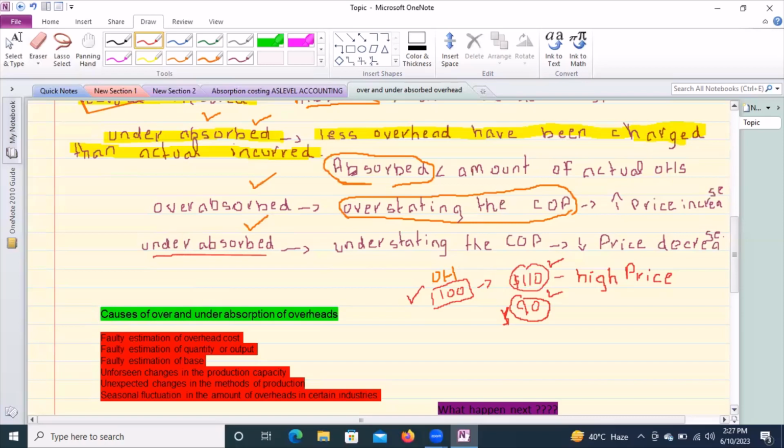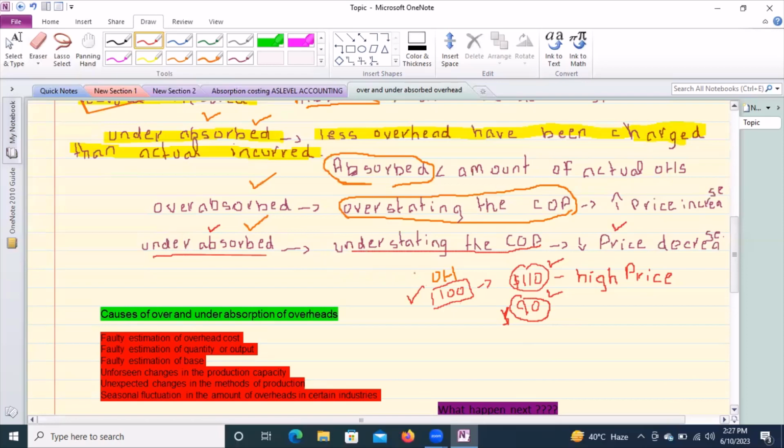What is the consequence of it? It doesn't mean that if it is under absorbed, you have a lot of benefits. It is not like this. Okay. If you get to know that your forecasted amount is under absorbed, it means that you are understating your cost of production, and for this reason, your prices decrease.